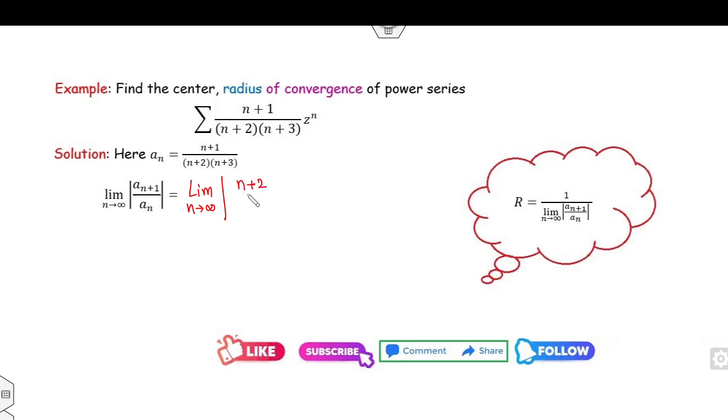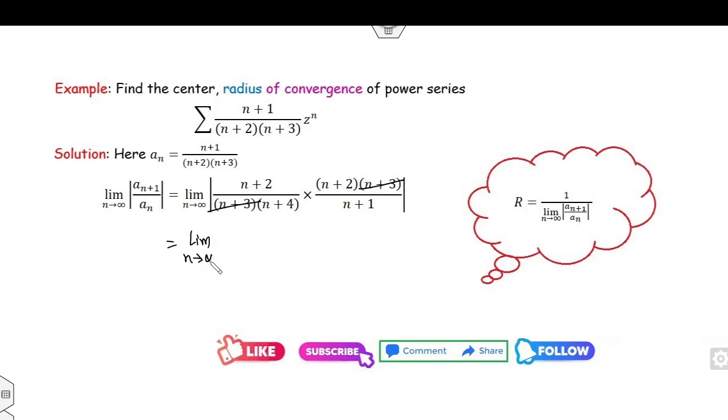It is n plus 2, n plus 3, n plus 4, into the other factors. N plus 3 will be cancelled out. So the remaining quantity will be the limit of (n plus 2)(n plus 2) divided by (n plus 4)(n plus 1).